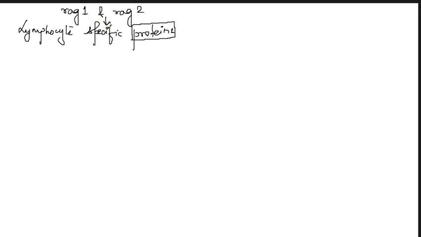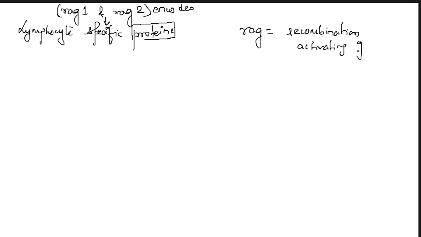So RAG1 and RAG2 encode lymphocyte specific proteins, right? And what does RAG stand for? RAG stands for recombination activating genes. And this is catalyzed by the lymphocyte specific enzyme, the recombinase.